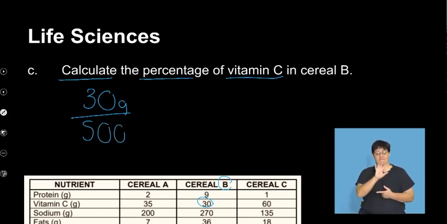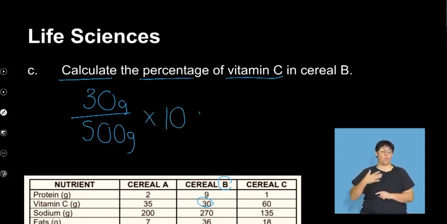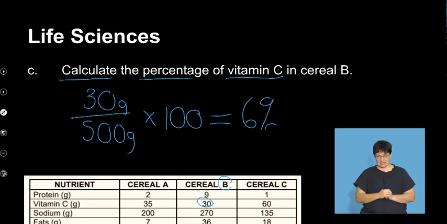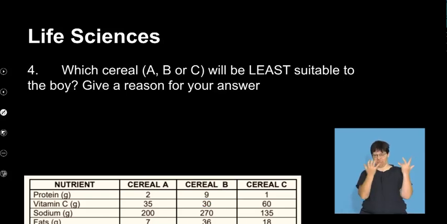It was 500 grams. So 30 of the 500 is the percentage, and it's times by 100 if you want to get the percent. I did this beforehand, so I don't have this miraculous brain. Your answer should have been 6. 6 what? Percent. So there's 6% of vitamin C in cereal B. A little bit of a calculation question there.